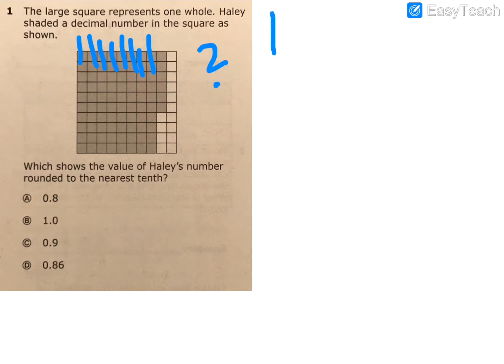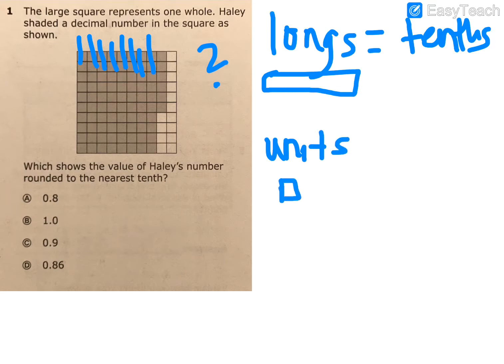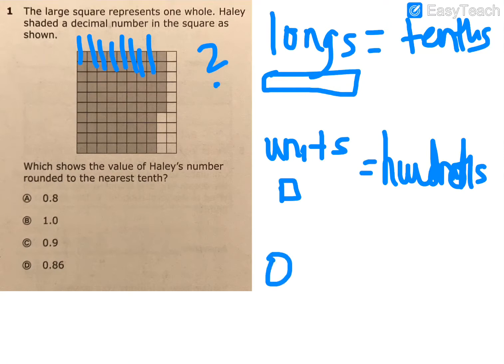Our longs represent our tenths, and our units represent our, you got it, our hundredths. If we have 8 longs, that means we don't have any wholes, so we need to put a 0 in the ones place. We need to put an 8 in the tenths place.